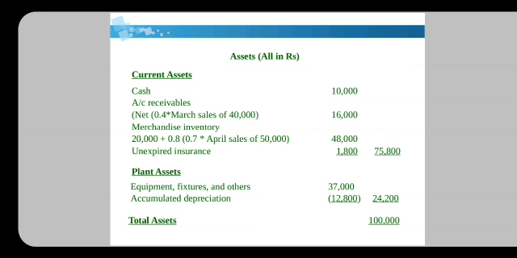So the total, that is 10,000 plus 16,000 plus 48,000 plus 1,800, gives you 75,800.